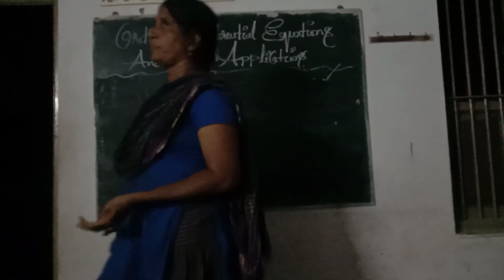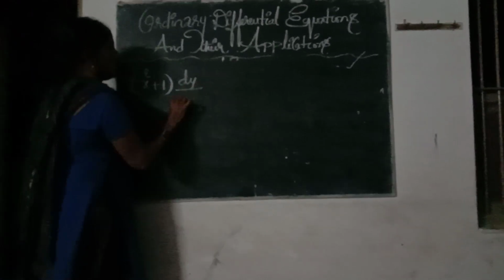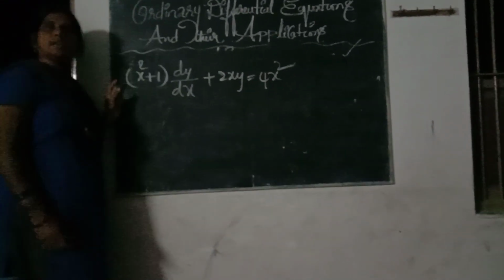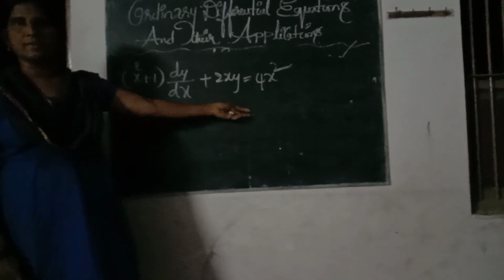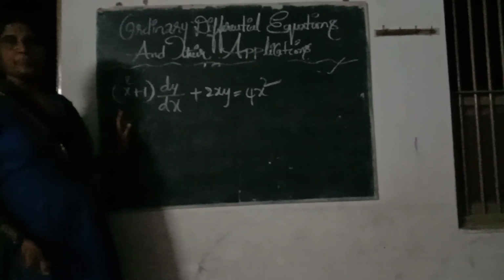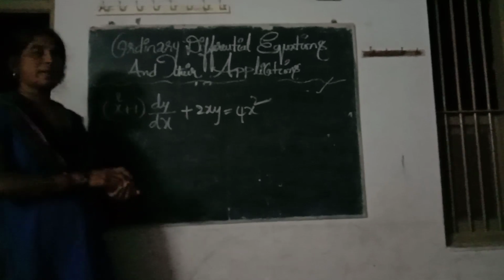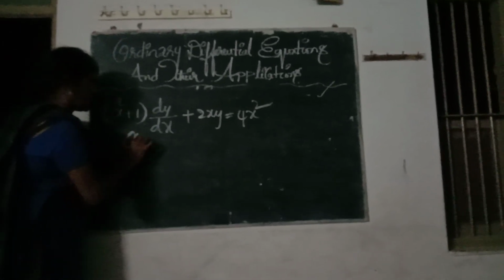I will give one example: (x square plus 1) dy by dx plus 2xy equals 4x square. This is one differential equation. Here the highest order derivative is 1, therefore order equals 1.